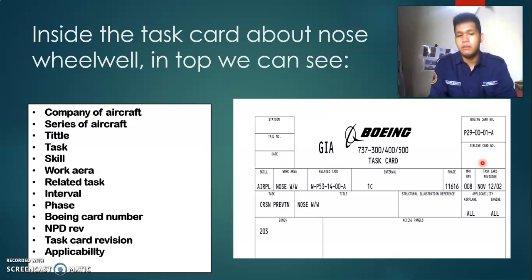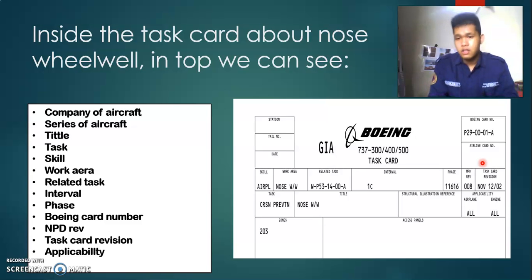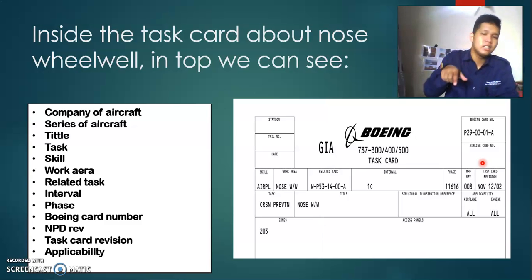Now applicability. This task card can be done on all aircraft, or airplanes, and all engines. So on all engine series you can do corrosion prevention with this task card, in the same code.